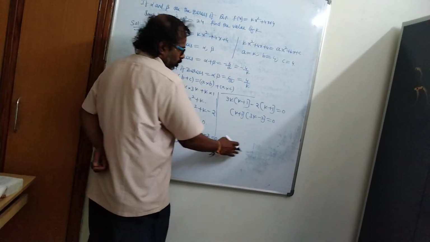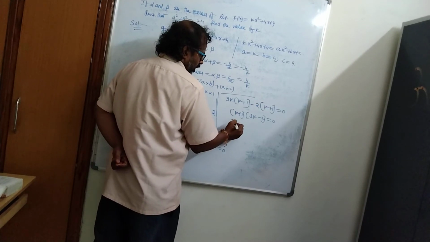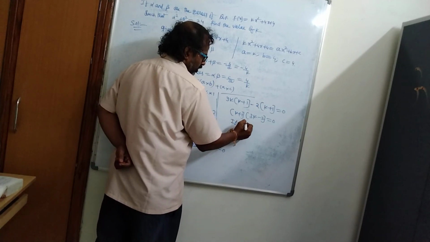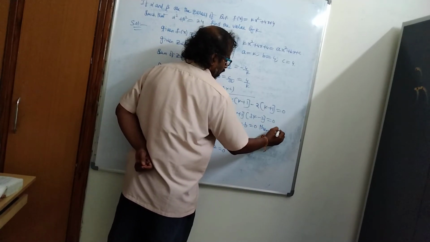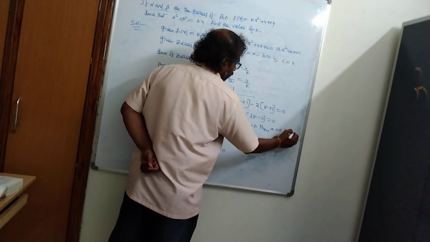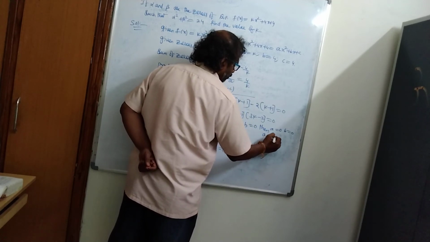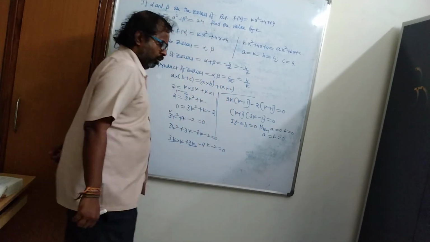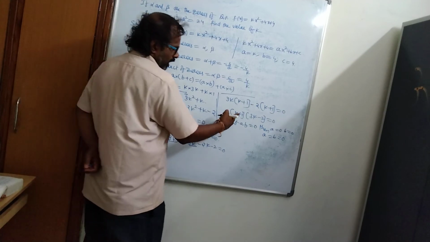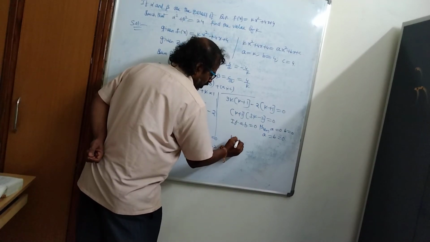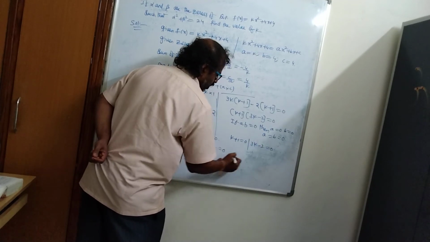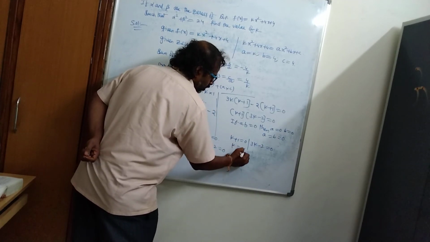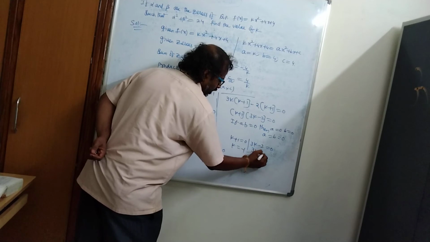Now product of two numbers, already in almost every video we are discussing this. If AB is equal to 0, then A is equal to 0, B is equal to 0, or both of them are 0. So here we take k plus 1 is equals to 0, 3k minus 2 is equal to 0. k is equals to minus 1.